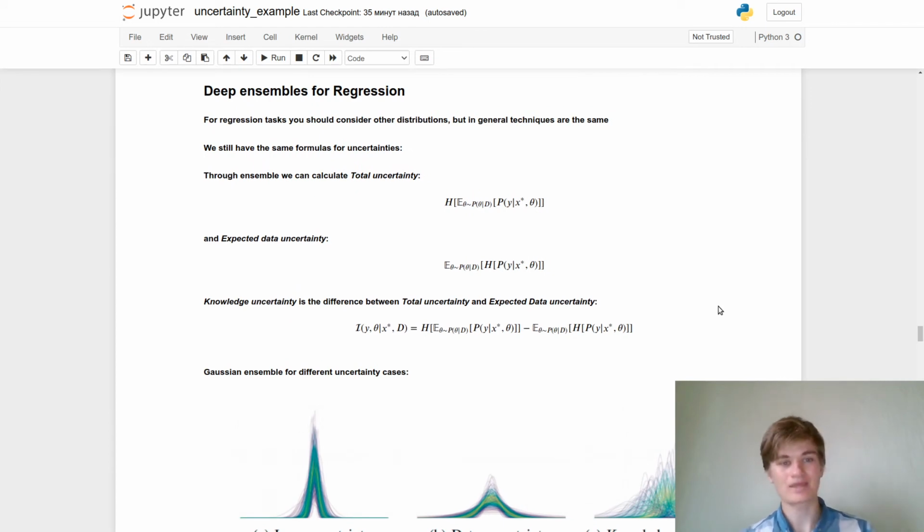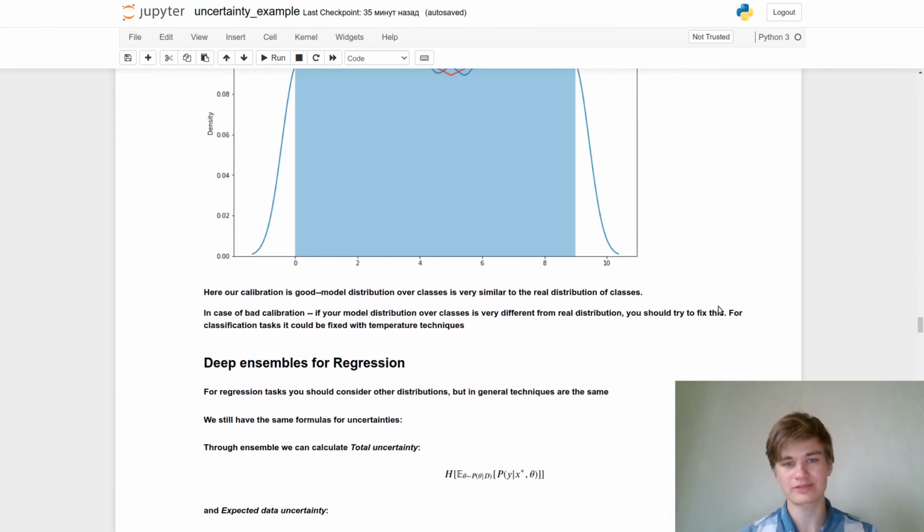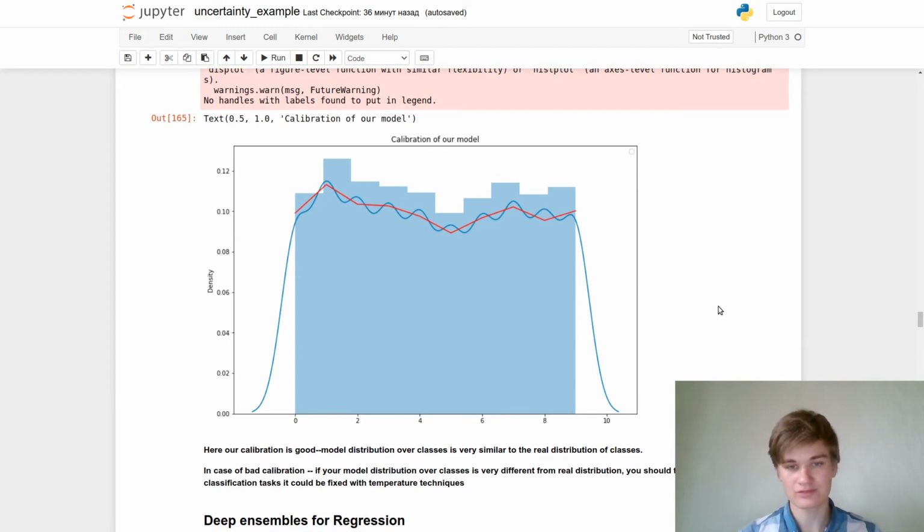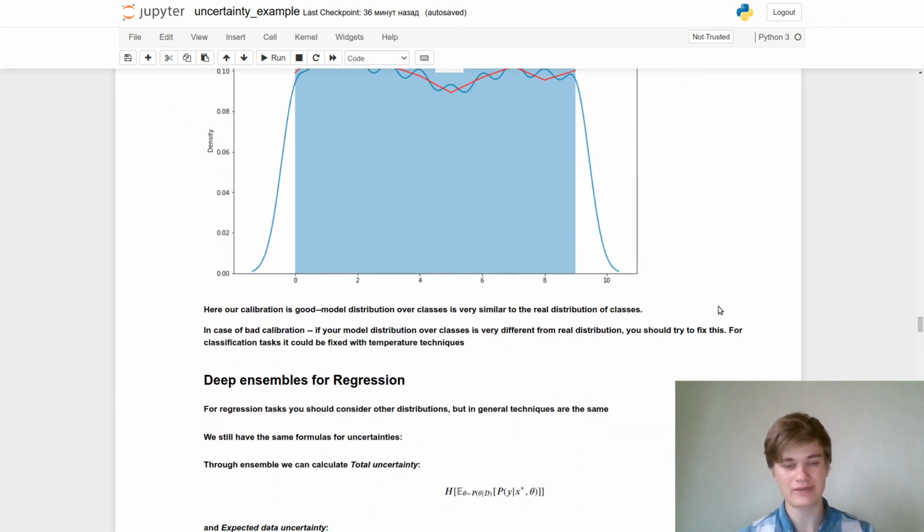Okay, now let's move on to deep ensembles for regression. For regression tasks in general, we should consider some other distributions. So for example, with softmax we can treat it like some categorical distribution and work with it quite easy.